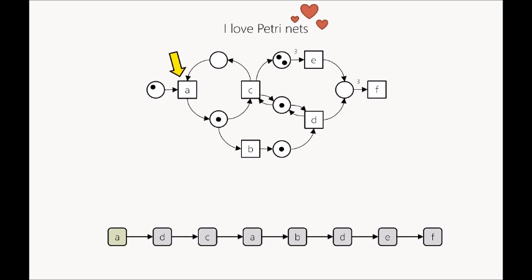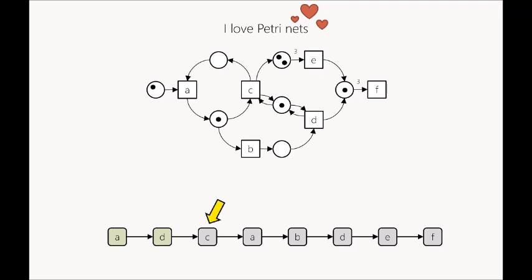So now A fired, changing the marking of our Petri net, the state of our Petri net, and now we can check the next event, which is labeled by D. So here's D transition. Again, D is enabled, and if D fires, the Petri net reaches this state, this marking.